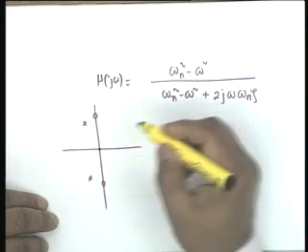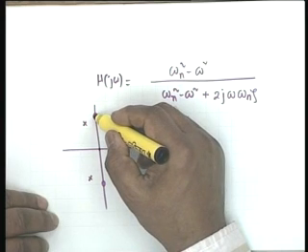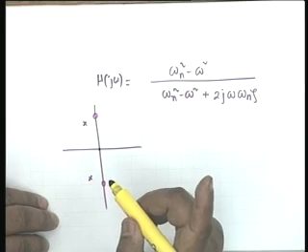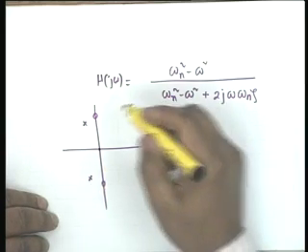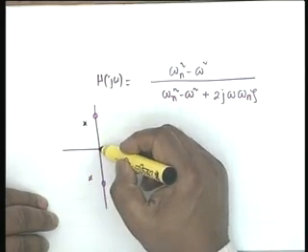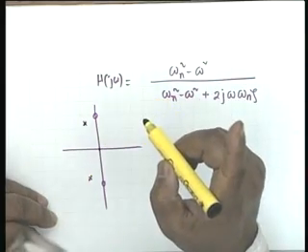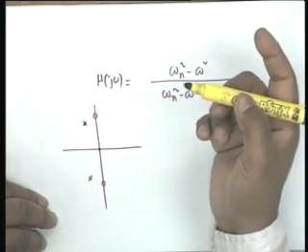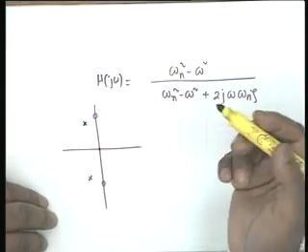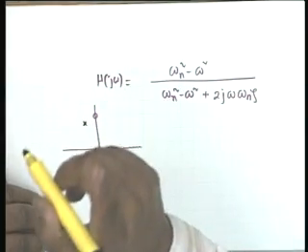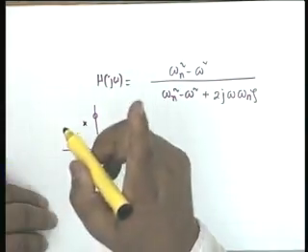Let's say at 0 frequency, obviously the phase due to this zero and this zero cancel each other, so the phase becomes 0. And due to this vector and this vector, the two phases also cancel each other. So the phase starts from 0 at DC. At infinite frequency, all vectors tend to infinity, so again the phase is 0.